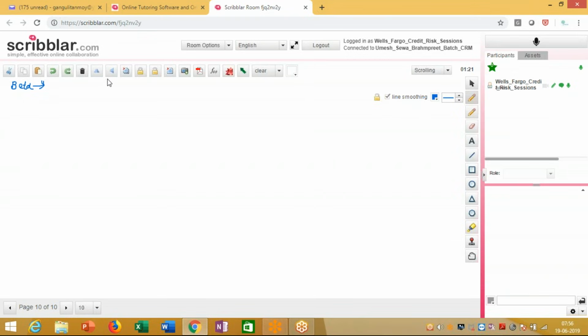So how does the function look? The beta function looks something like this.